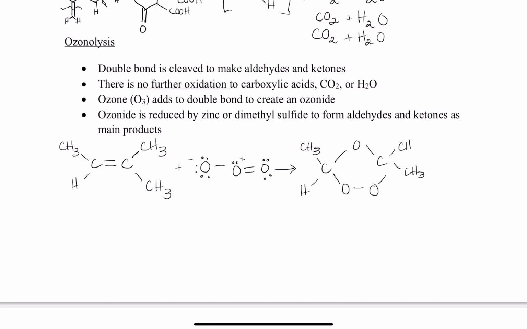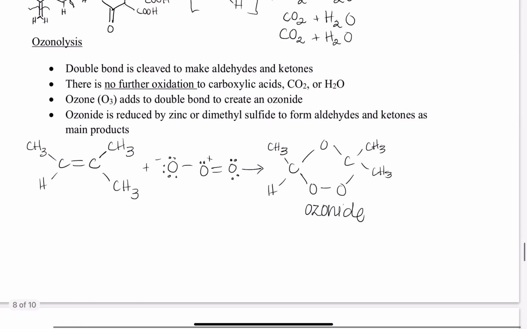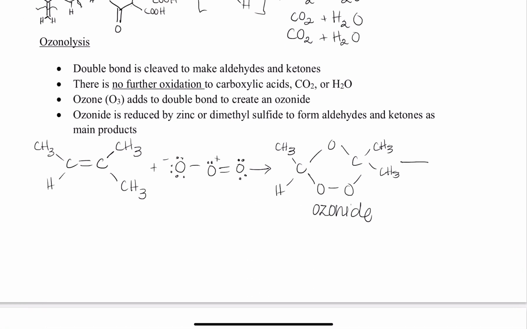And this is what we call our ozonide. And once this is created, then it's going to be reduced. Oftentimes you'll see dimethyl sulfide. And I put an ethyl group.